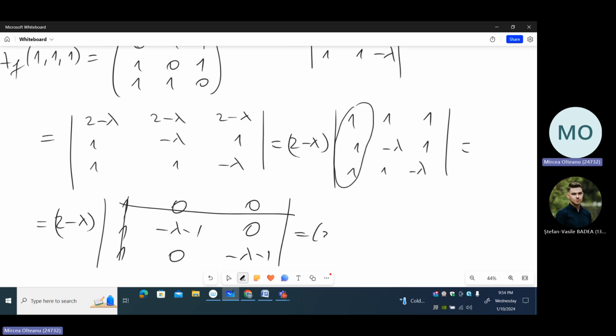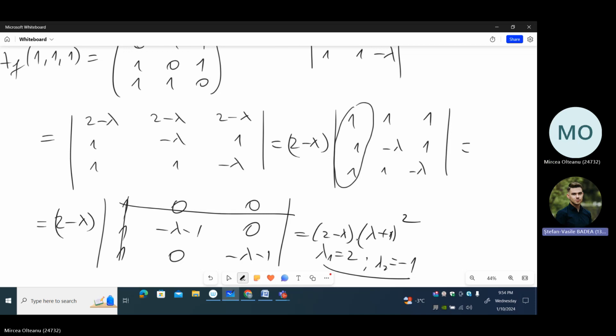So we get 2 minus lambda times lambda plus 1 squared. So we have lambda 1 equals 2, and lambda 2 and lambda 3 are equal to minus 1. So our point is not an extremum.